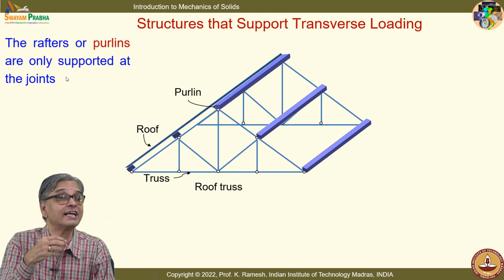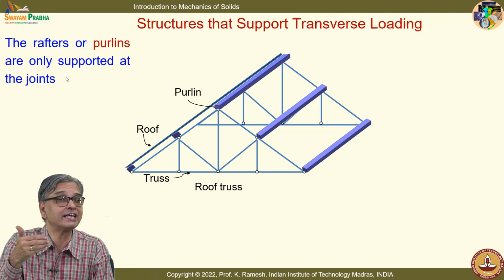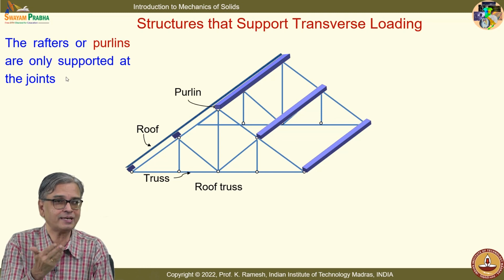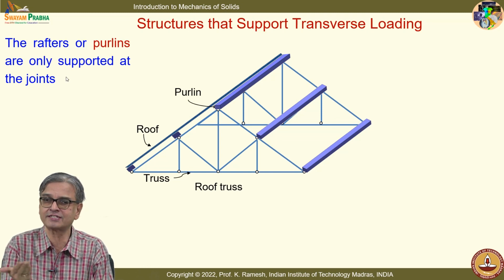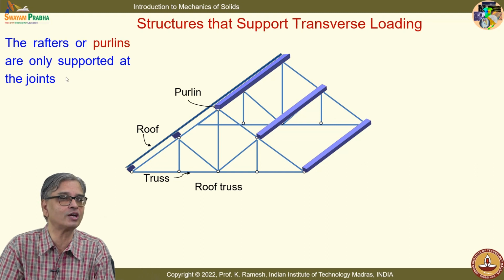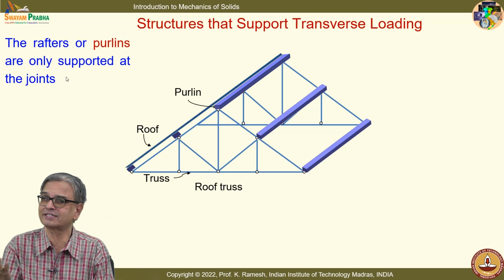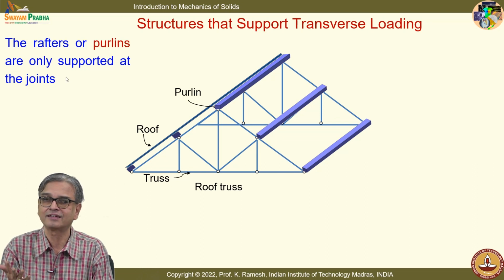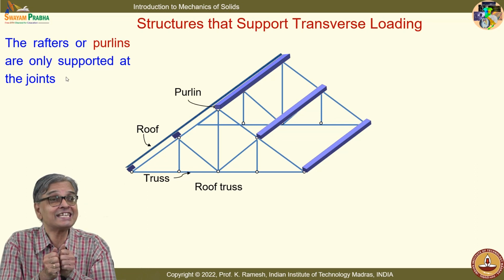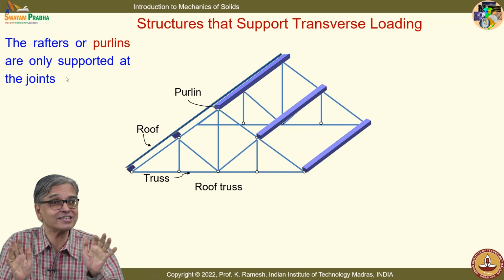But what was the resistance developed in the members? You have determined that by method of sections and method of joints. Can you recall what is it that you found out? You will also have to find out the sign and then say whether it is tension or compression. So, essentially axially loaded. You understand?